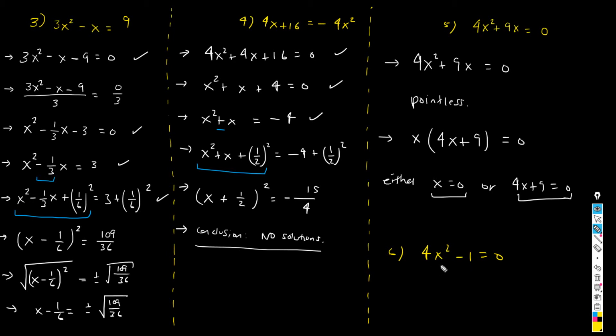Yes, but it would be pointless too, because this equation can be solved very easily by just doing this, you see? And then this, you see? And then taking the square root in both sides. That's it. You see, so there is no point of applying the method of completing the square with these types of equations, only when your equation is a complete quadratic equation.